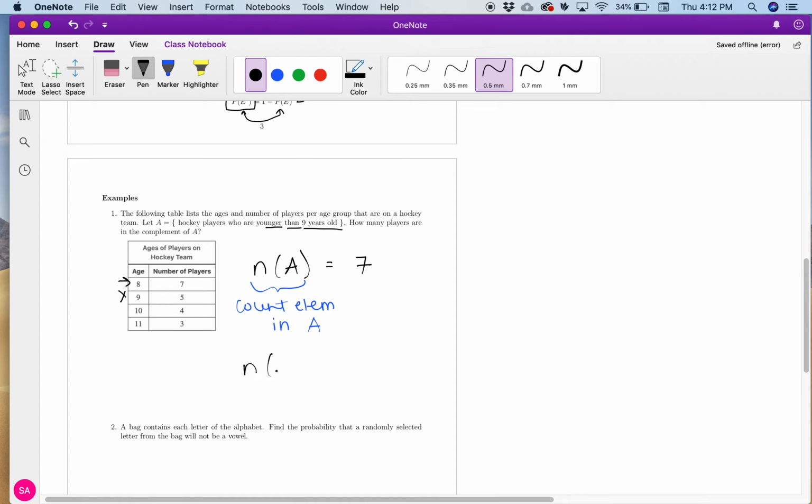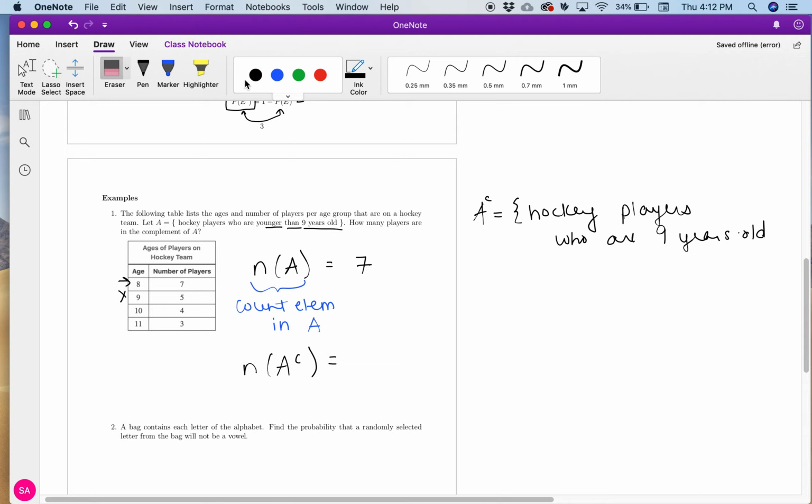What they want to know is the number of elements in the complement of A. So if A is the hockey players that are younger than 9 years old, the complement will be hockey players who are 9 years old or older.